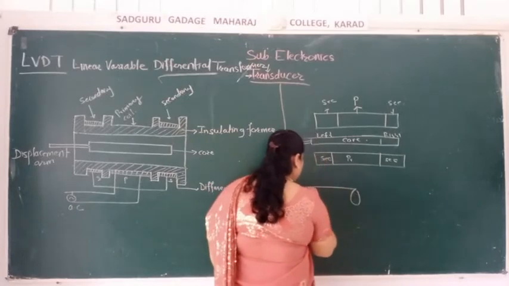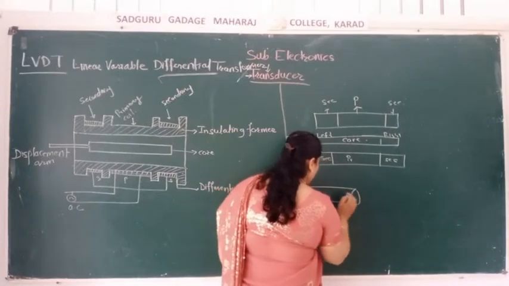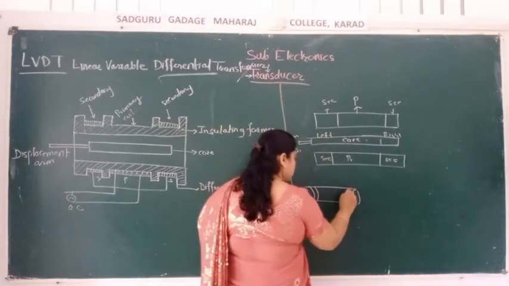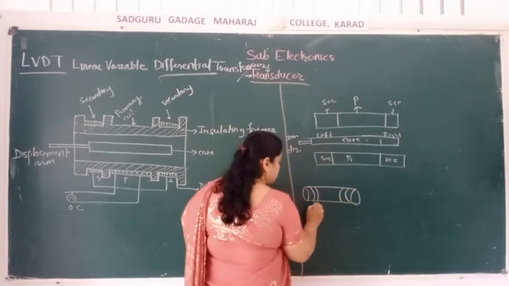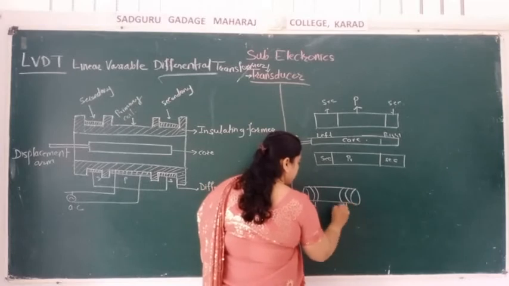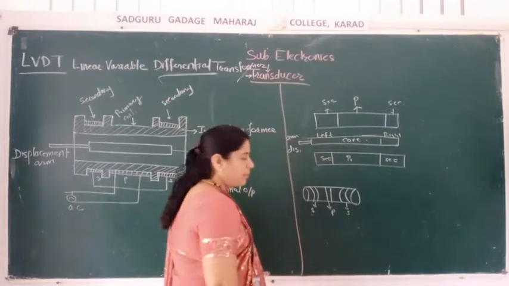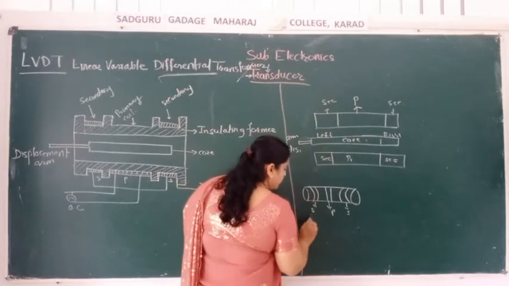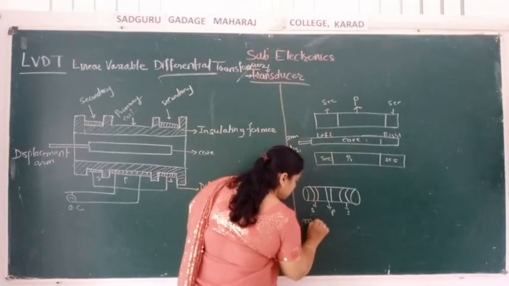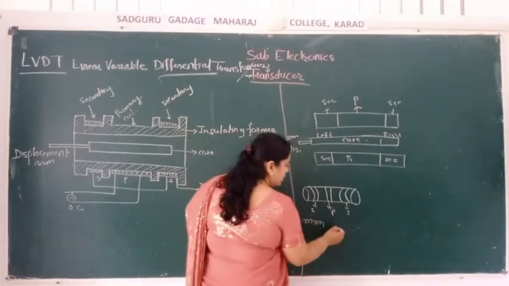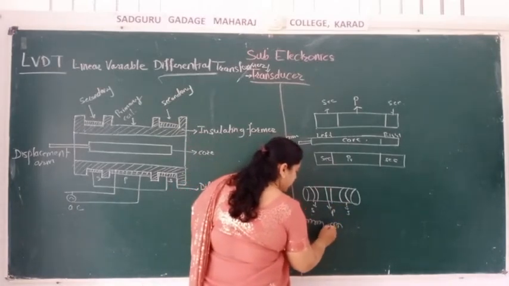There are two secondary windings on the core, and one primary winding. Suppose this secondary coil is in clockwise motion, and the other secondary coil is not clockwise, it is anti-clockwise.